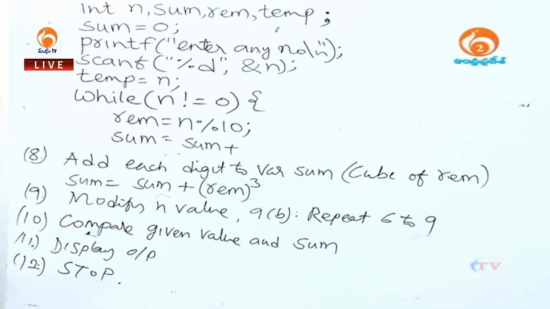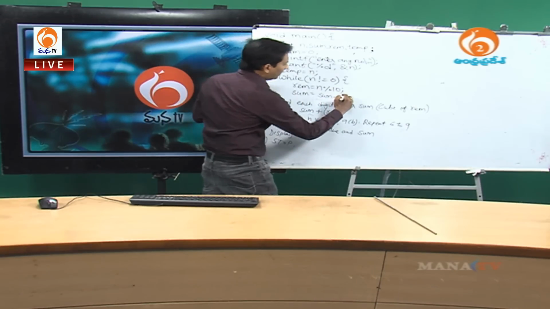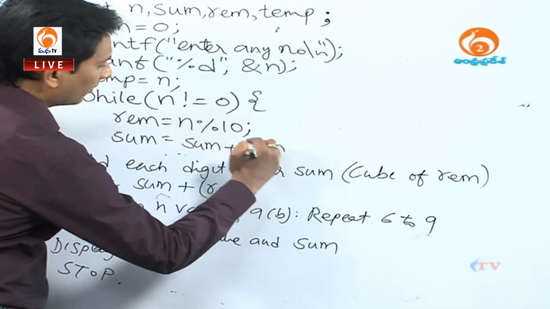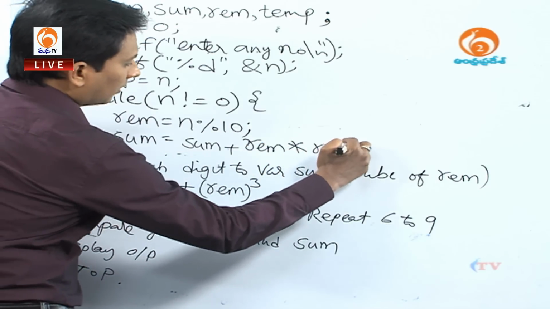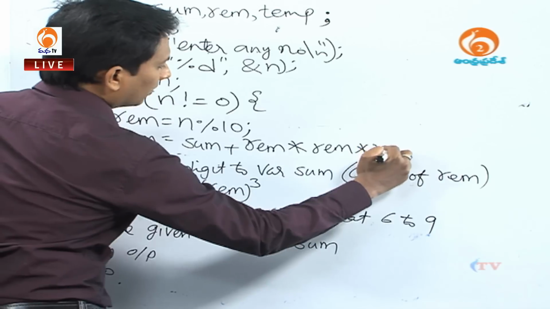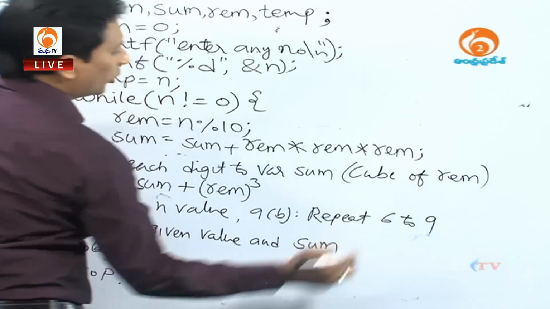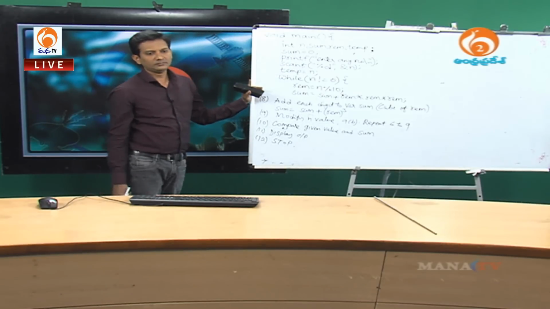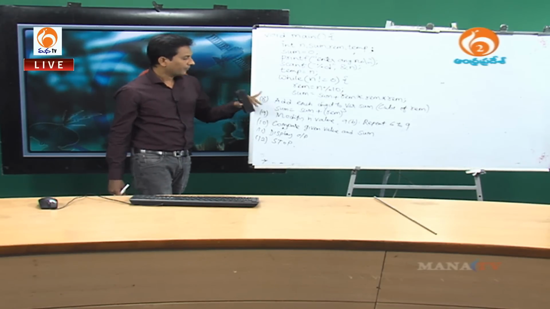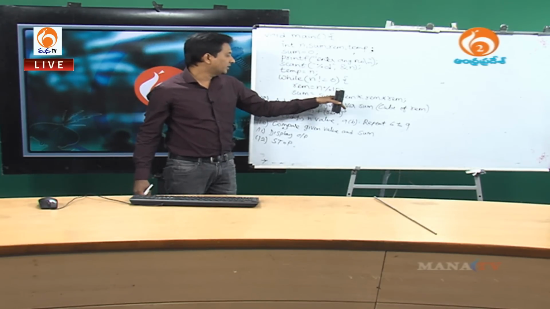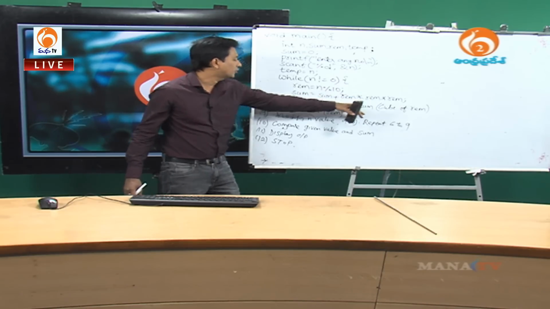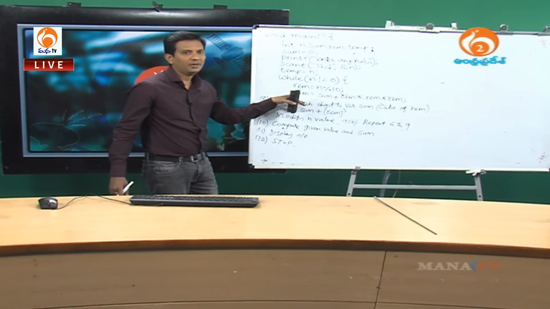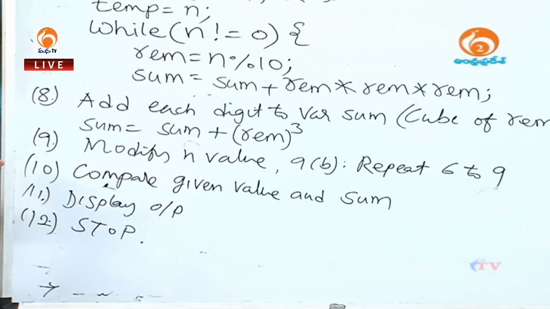In a programmatic statement, remainder cube means remainder into remainder into remainder, semicolon. We are adding the cubes of each digit of the given number and storing into the left-hand side variable sum. Hope you understood.